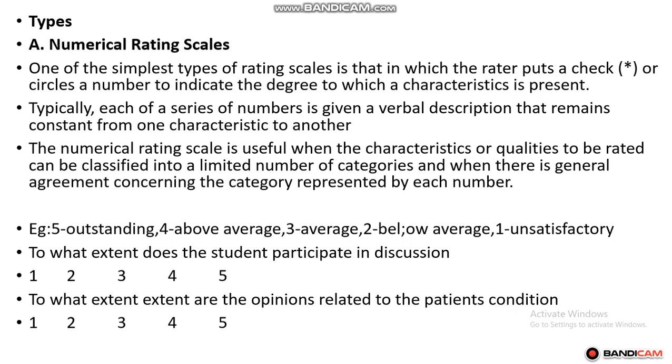So it is given to the students. You are speaking to the patient or patient's bystander, asking about the patient's condition. So what the bystander is telling about the opinion about the patient's condition, or the doctor's opinion or nurse's opinion, whatever it may be, accordingly they can rate it.